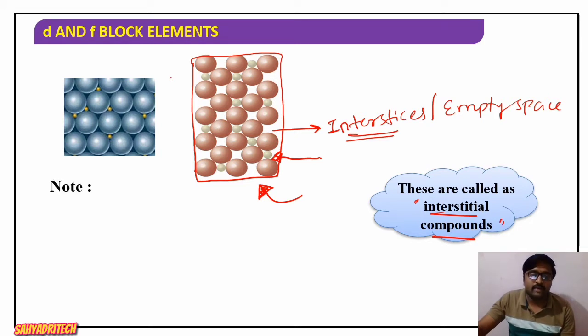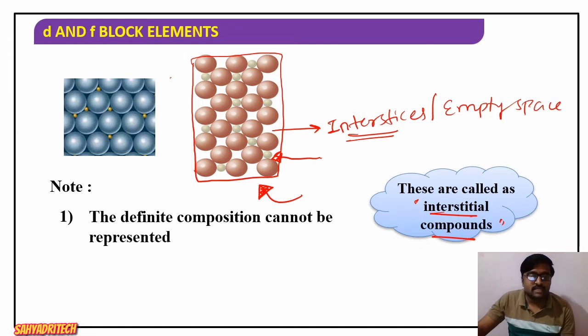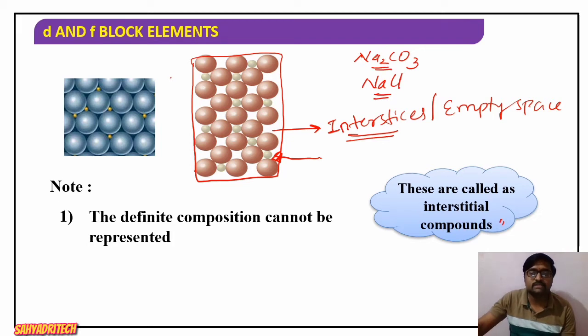Some important points to be noted: when you look at the composition of any element or compound, we get a composition. Sodium carbonate is Na2CO3, rock salt is sodium chloride, NaCl, calcium carbonate is CaCO3. We specify a fixed composition.